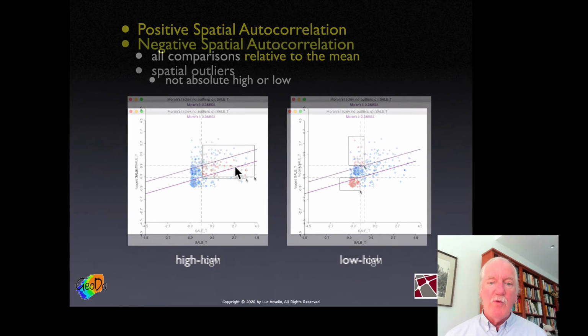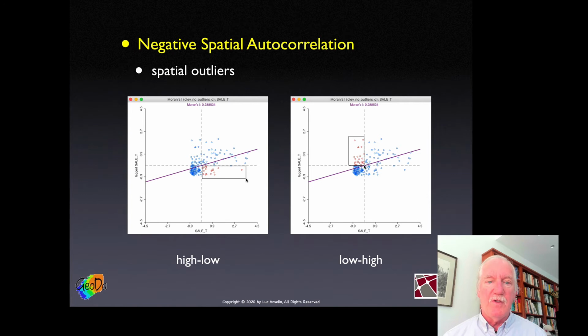And then we move to the off-diagonal segments. Here we have on the left observations that are above the mean, surrounded by the average of the neighbors that's below the mean. So I call this high-low, and I call this a spatial outlier, dissimilar from the neighbors, so negative spatial autocorrelation, high-low.